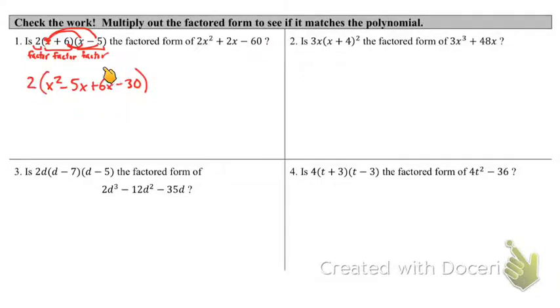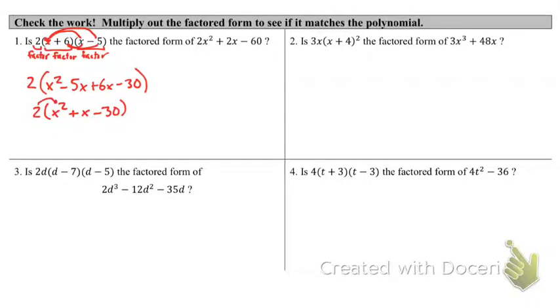Before I multiply this in, I'm going to combine these like terms here, so CLT. I'm going to have x squared, negative 5x and positive 6x is positive x, or 1x, minus 30.